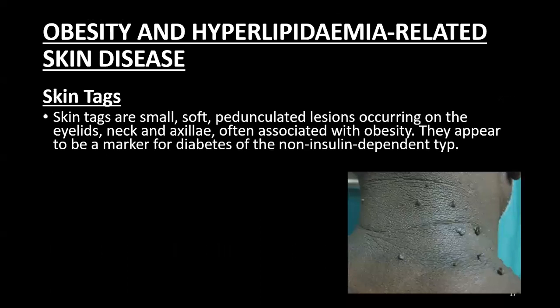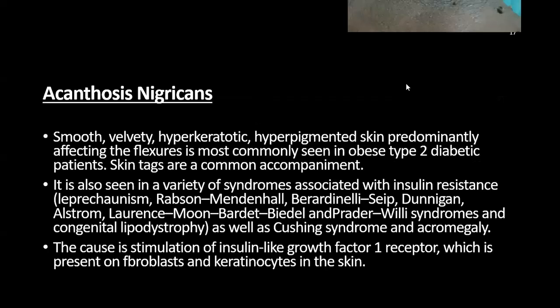Obesity and hyperlipidemia related skin diseases. Skin tags. Skin tags are small, soft, pedunculated lesions occurring on the eyelids, axilla, and neck. They are associated with obesity and appear to be a marker of diabetes of the non-insulin dependent type. Acanthosis nigricans.